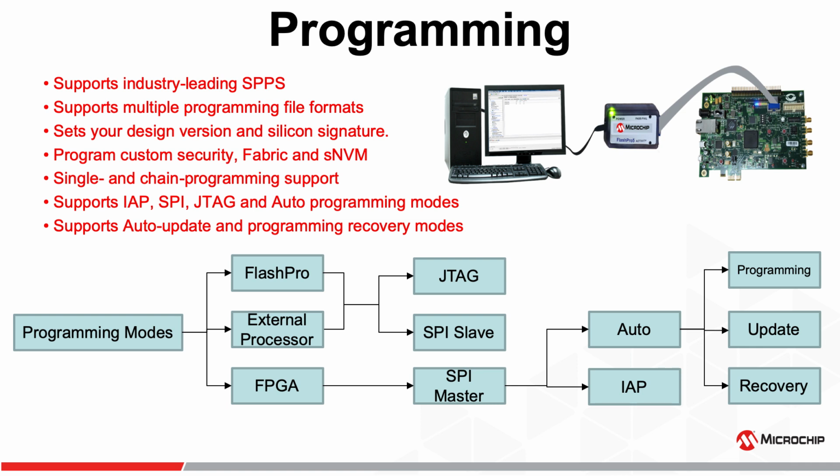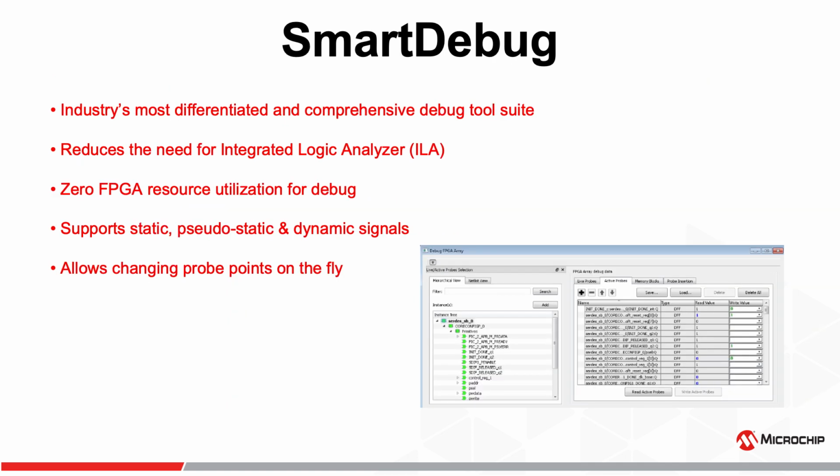On the debug side, we have the industry's best differentiated debug tool. You don't need any FPGA resources to debug the FPGA fabric, the memory available in the fabric, or the transceivers.